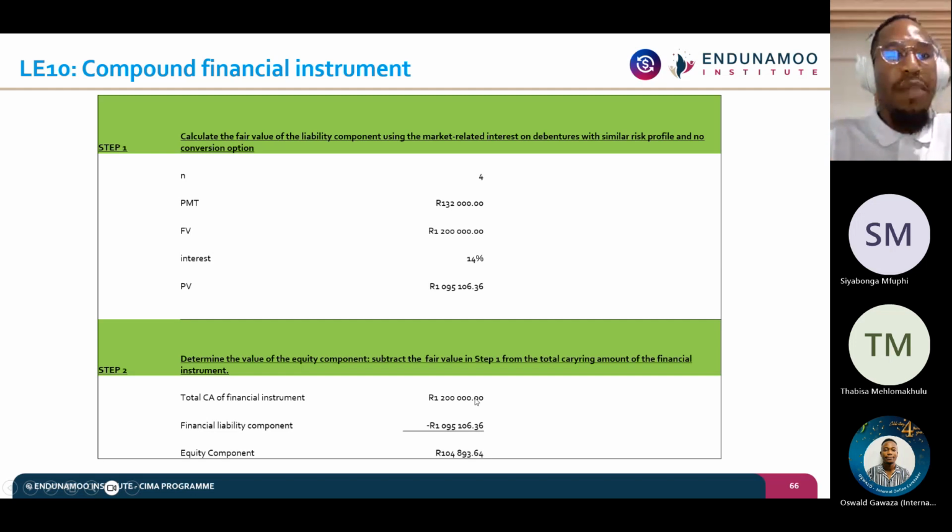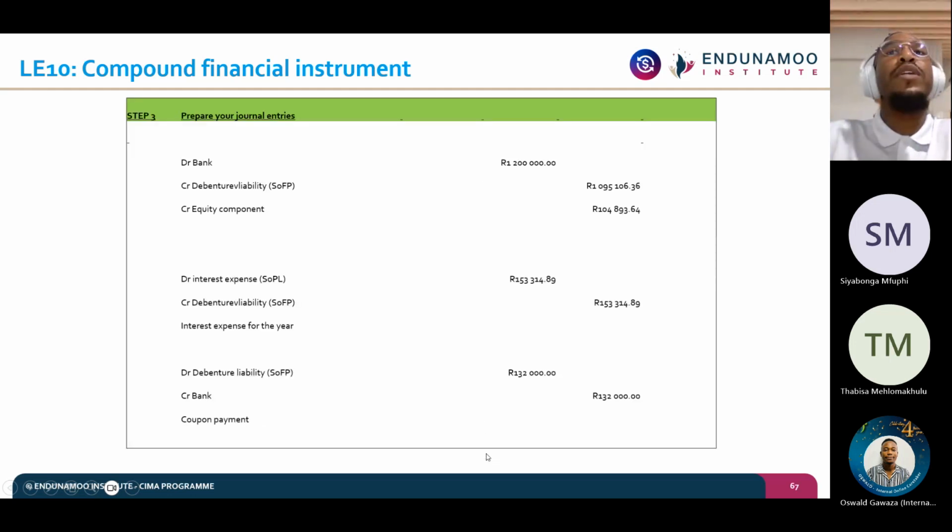That's how much came into the bank account. Having calculated the fair value of the liability component, we were left with the equity component. This then gave us this journal entry of ours. We then accounted for interest on the liability component only because we don't account for interest on the equity component. And the coupon payments go against the debenture liability component only.